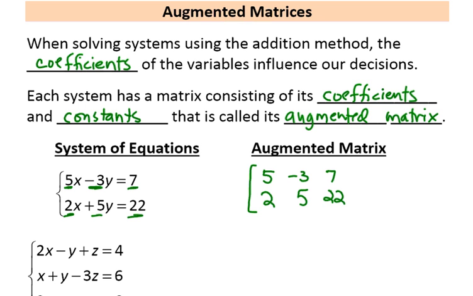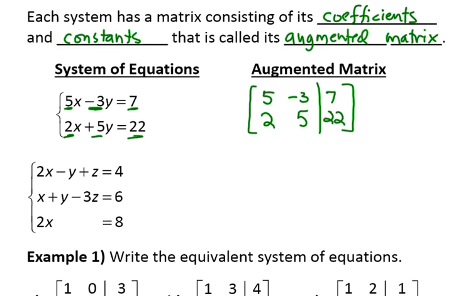We're going to keep it in rows and columns. We're going to end our matrix there. We're going to draw a line in between the coefficients and the constants. That's kind of the spot where the equals is in the equations on that left side. So there is my augmented matrix for that first system.